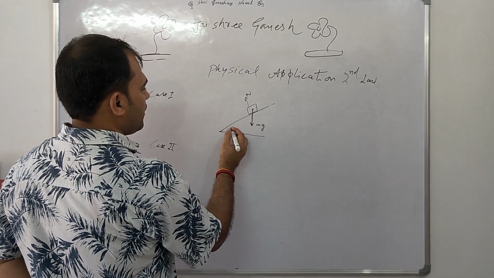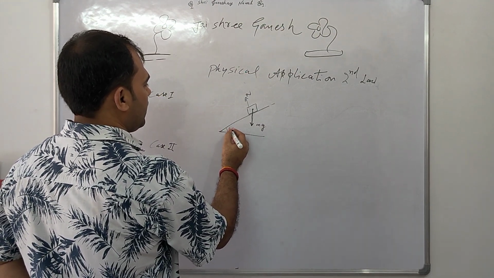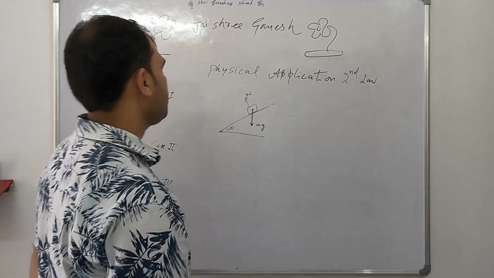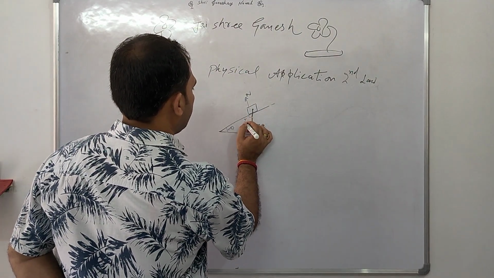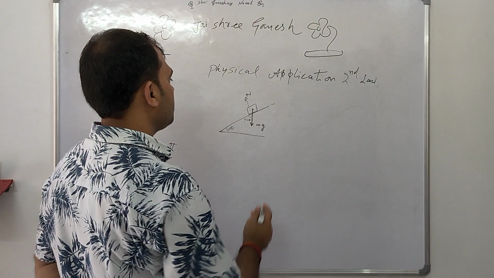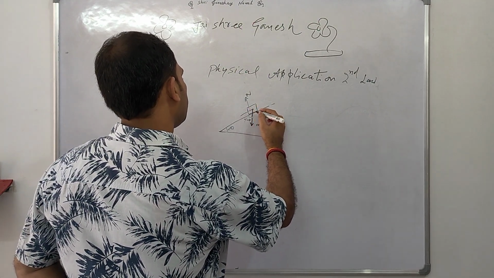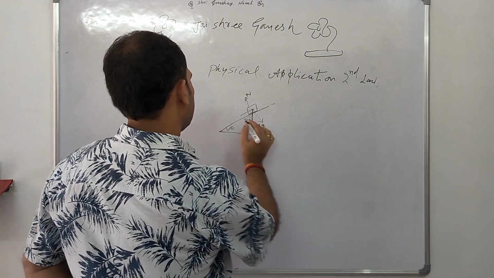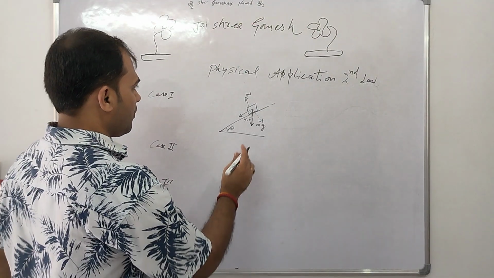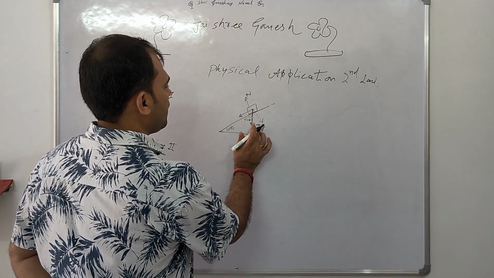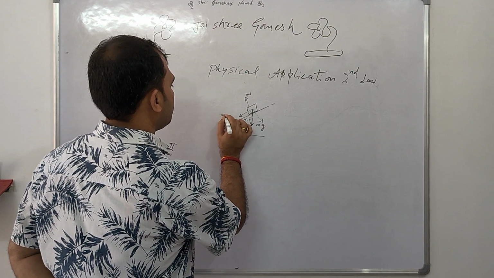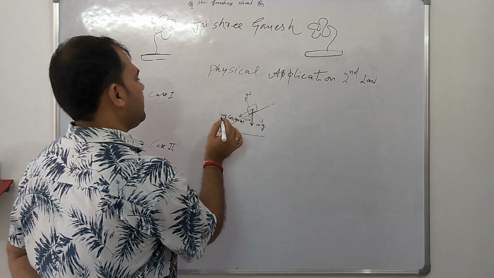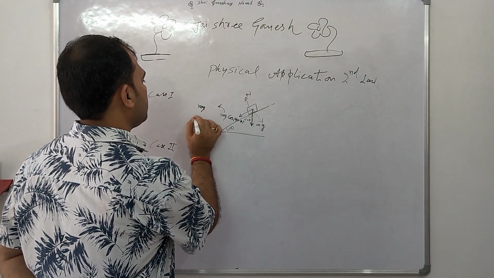If the inclination angle of the plane is theta, then this will be 90 minus theta, and this will be mg cos(90 minus theta), that will be equal to mg sin theta.